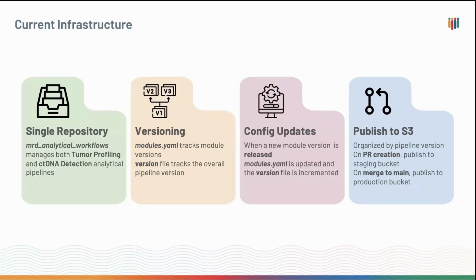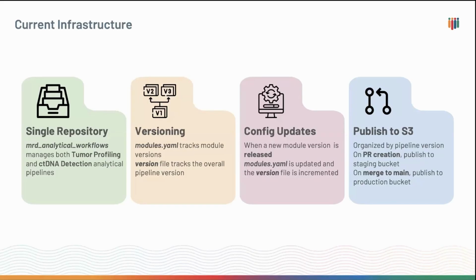Whenever any new version of a module is released, this configuration file is updated to reflect the new module version, and the version file is incremented to represent a new overall pipeline version.